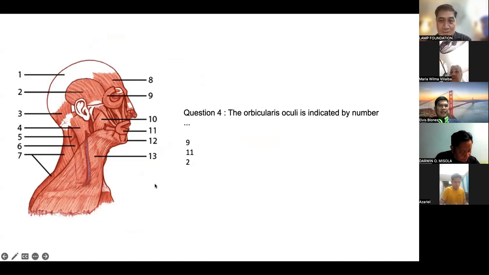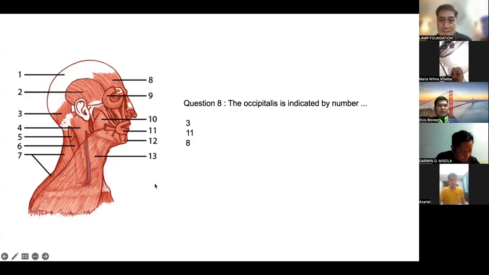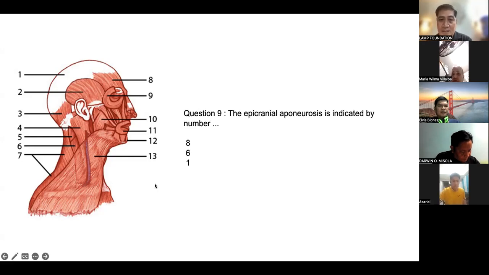Number 2 is pointing to? The temporalis. The frontalis is indicated by number? Frontalis, number 8. Number 11 is pointing to? 11, orbicularis oris. The occipitalis is indicated by number? Number 3. The epicranial aponeurosis is indicated by number? Number 1.